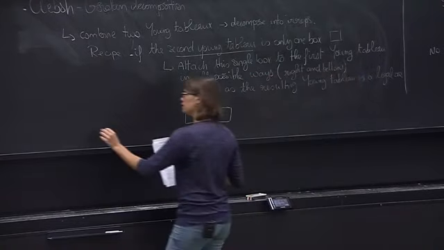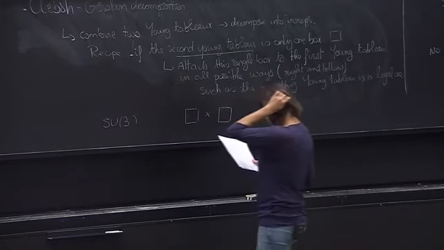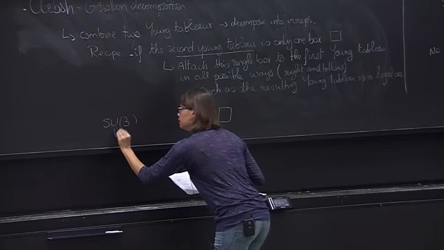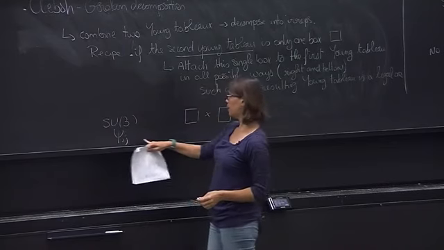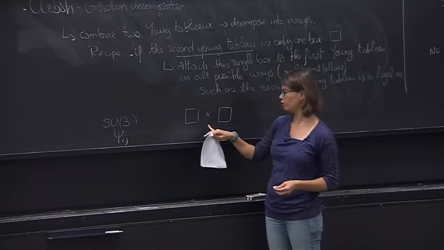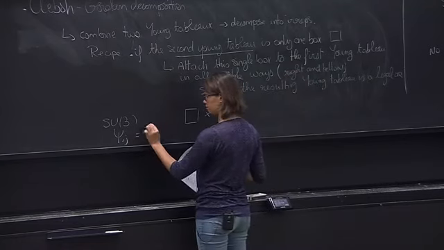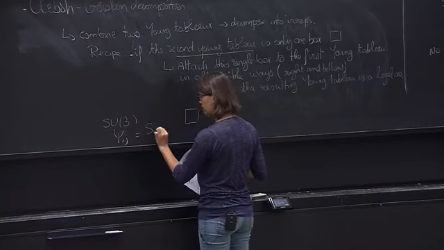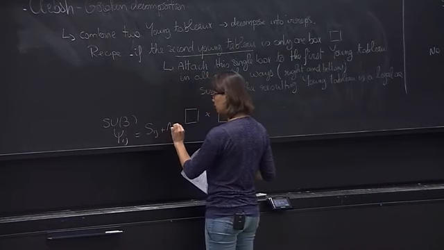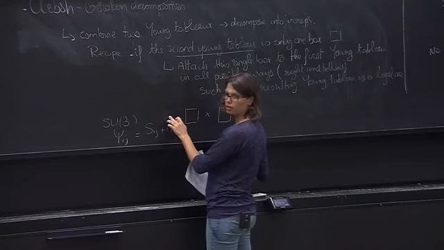This is the example we started with for SU3, where we decomposed it into irreducible representations, and we found that you get the symmetric part plus the anti-symmetric part, which transforms under the anti-fundamental representation.